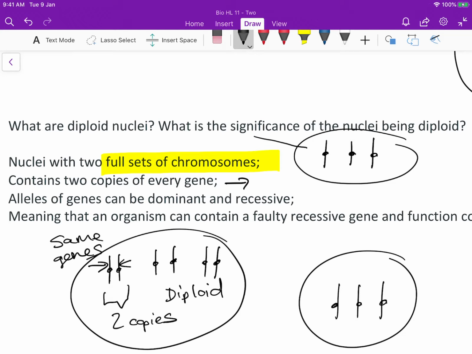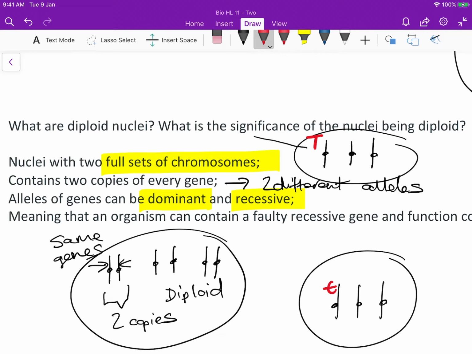And these could be 2 different alleles, or it could be that you have the same alleles from both your mother and your father. But it could be that you've got some which are dominant and some which are recessive. So on this chromosome here, there could be a big T, on this one there could be a little t.